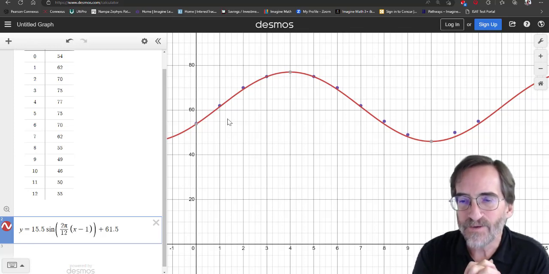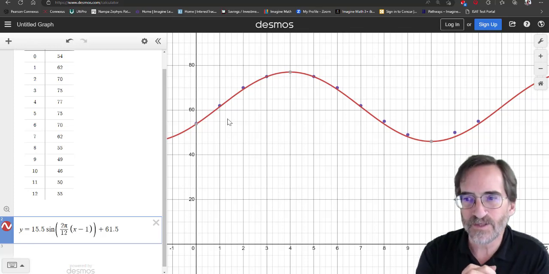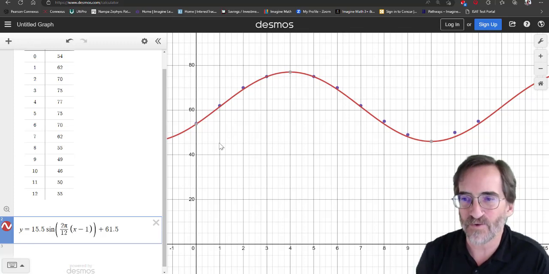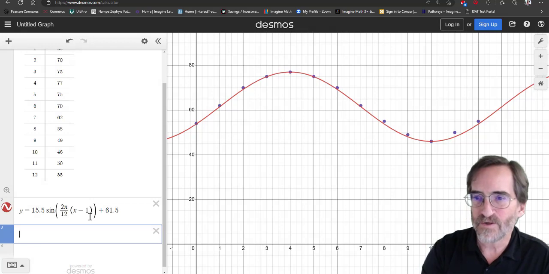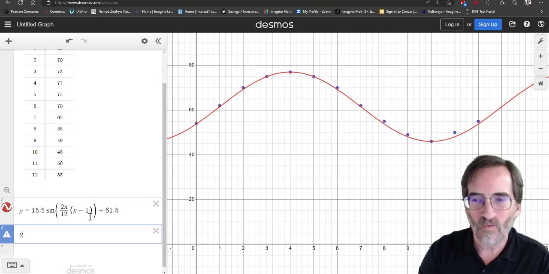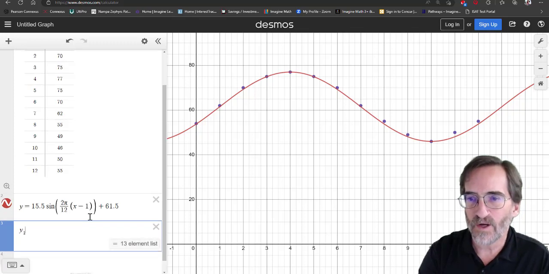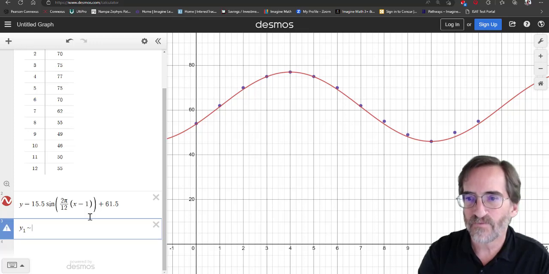That said, I do want to show you a really neat feature with Desmos. Desmos will do curve fitting, as your TI-84 graphing calculators will, but I love the curve fitting in Desmos. Here's how you do it. You'd say y1, then tilde, for takes the value of, and then you put in your formula.